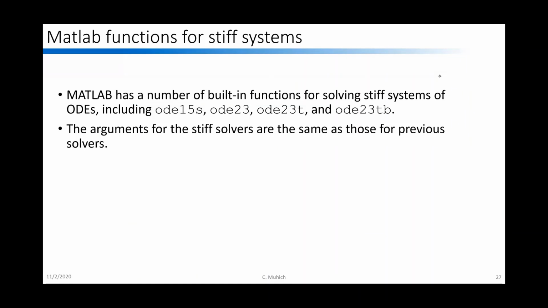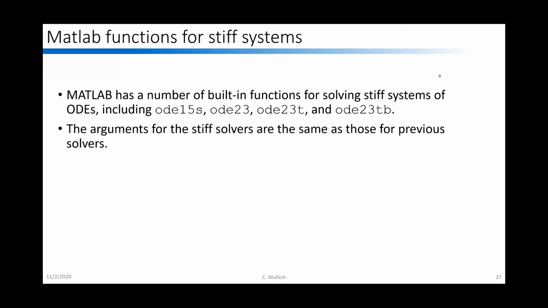When we're using MATLAB built-in functions for stiff systems, we often don't want to use, say, ODE45. We want to go back and use some of these simpler methods, just so that we're not taking steps that are too large, not going too far ahead where we may get thrown off.